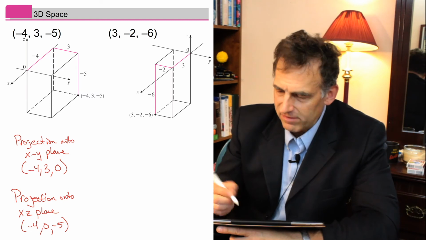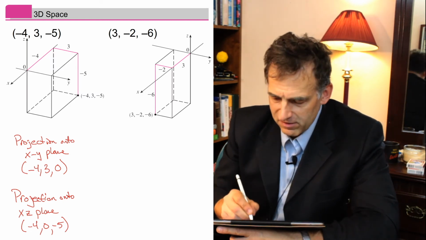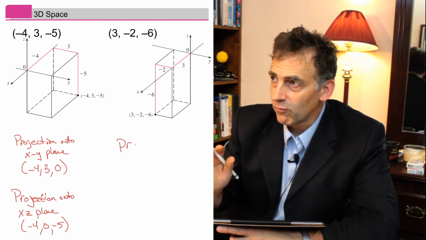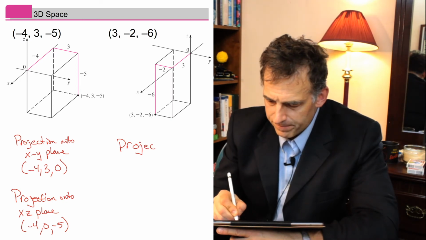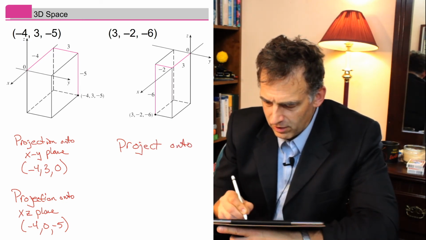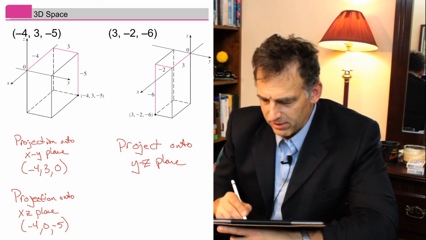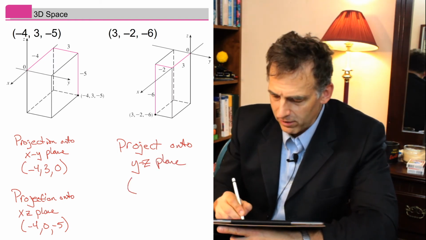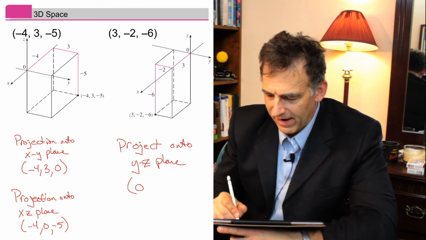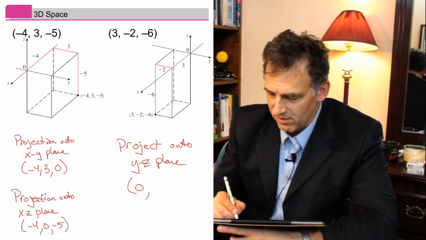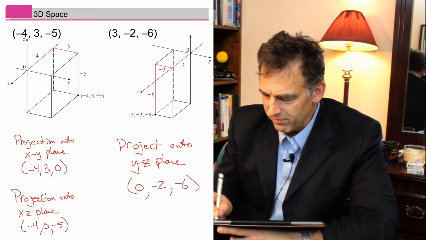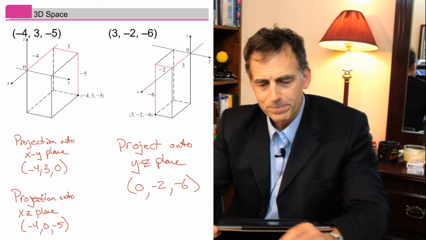Let's just do this last one. We'll just do one of these. Let's say we project this one on the right onto the YZ plane. And you can guess what's going to happen. We're going to take that coordinate system, get rid of the x part of the coordinates. So it's (0, -2, -6) is our answer.